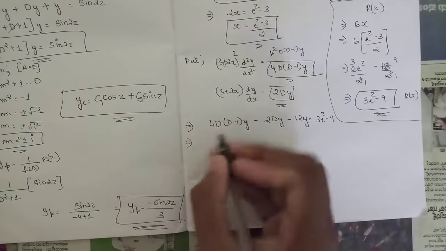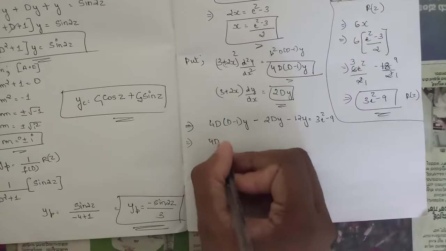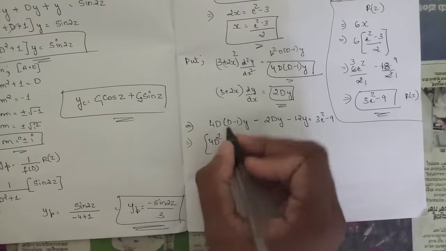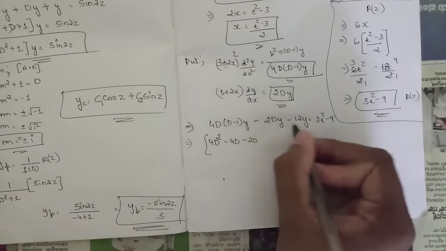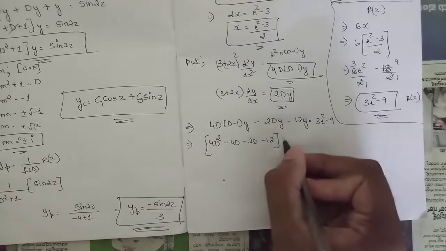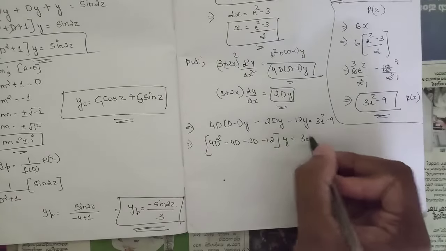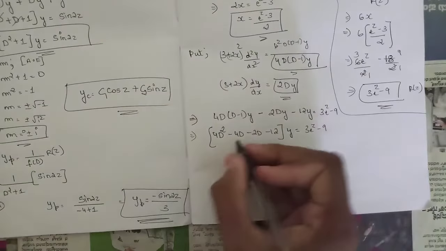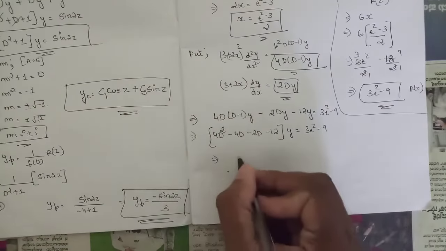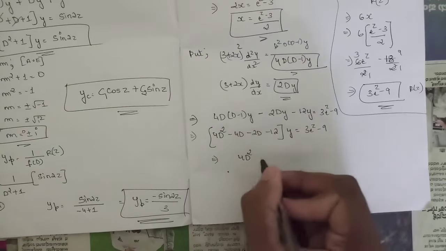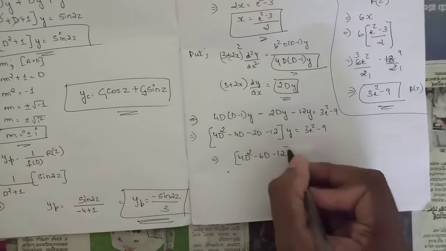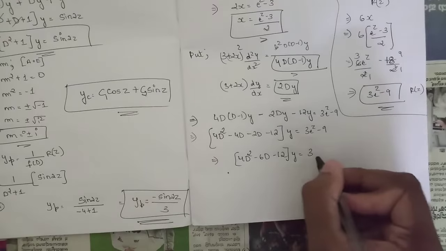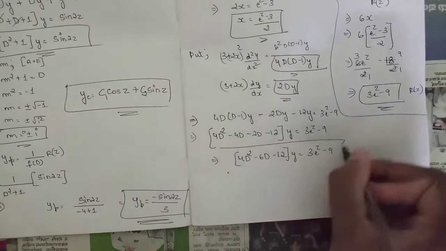Now we need to solve this. Multiplying 4D gives 4D² − 4D, and here minus 2D, minus 12y equals 3e^z − 9. Solving, 4D² − 4D − 2D is −6D, so (4D² − 6D − 12)y = 3e^z − 9.